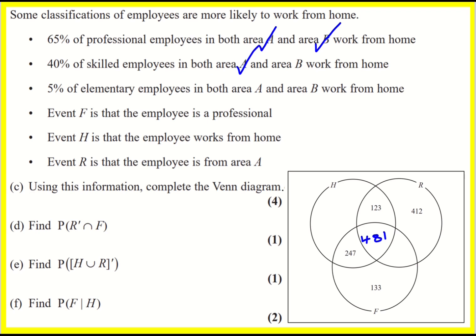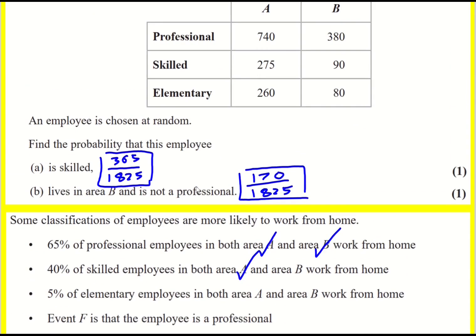Then where would it be if they are not professional, work from home, but are from area B? I think it's going to be this one because it's not in area R, not professional, but work from home, that little bit left over. So, okay, we can figure that one out now.